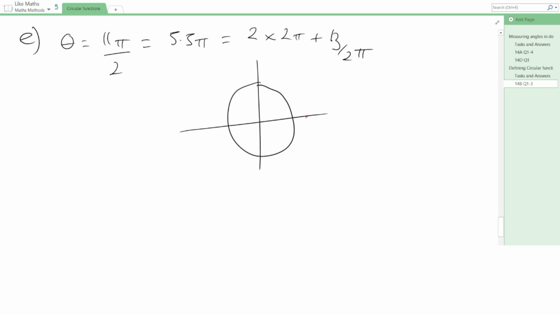Now it's positive, which means you go around anti-clockwise. You go around twice, back where you started, and then 3 over 2 pi, which is 3 quarters of the way around, 2 pi being all the way around. So down here, y is minus 1, x is 0, y is given by the sine of the angle theta, x by the cos of the angle theta. Let's see if that's correct. Minus 1 and 0. Okay.